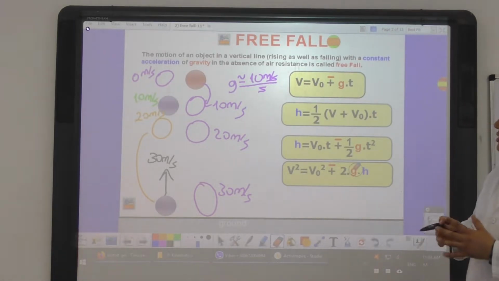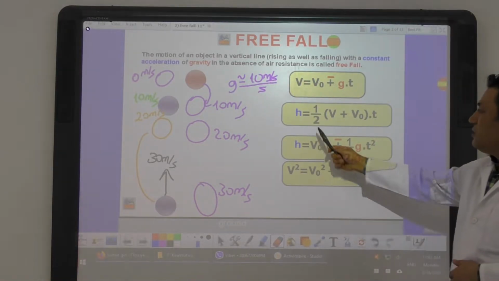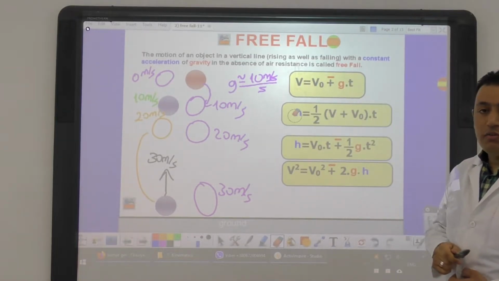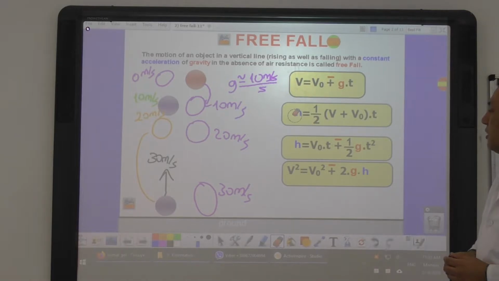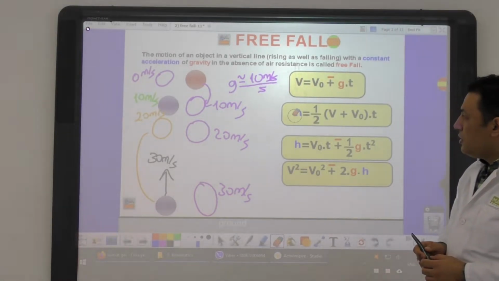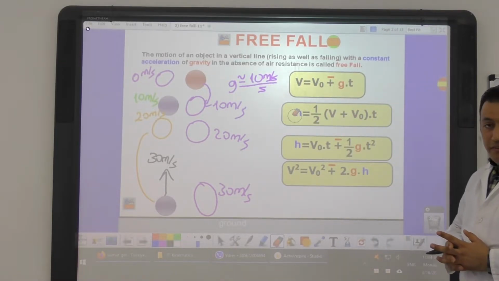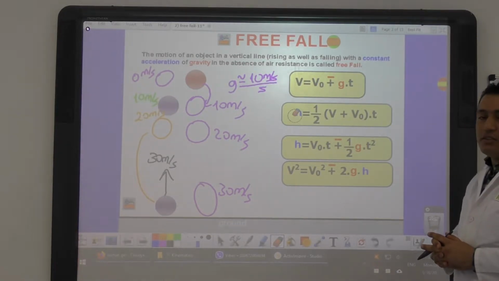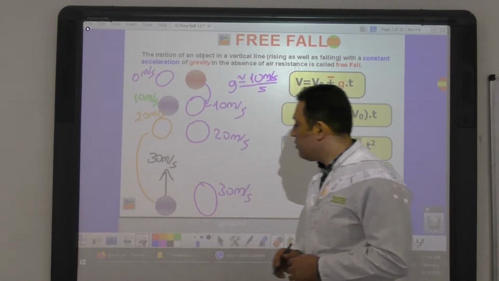Wherever you see acceleration, we replace it by gravity, and wherever there is a displacement of an object, since the object moves in a vertical line, delta x will be replaced with h. So these are the four basic formulas of free fall, which are slightly changed forms of the accelerated motion formulas.